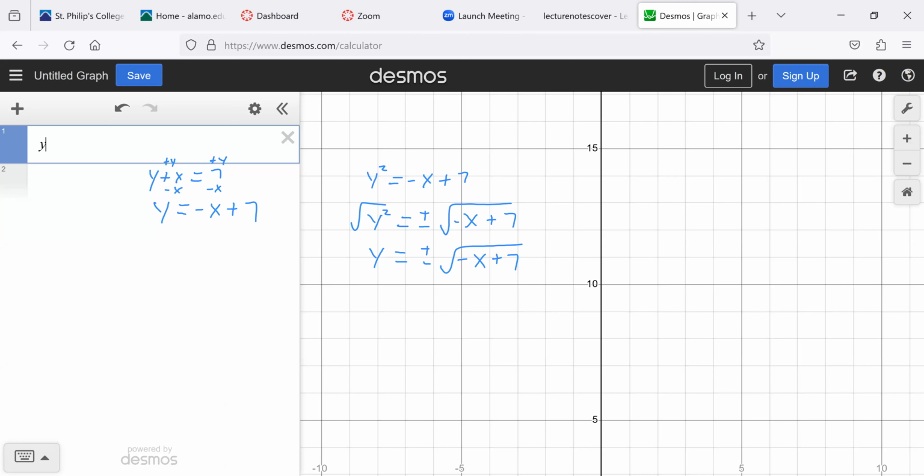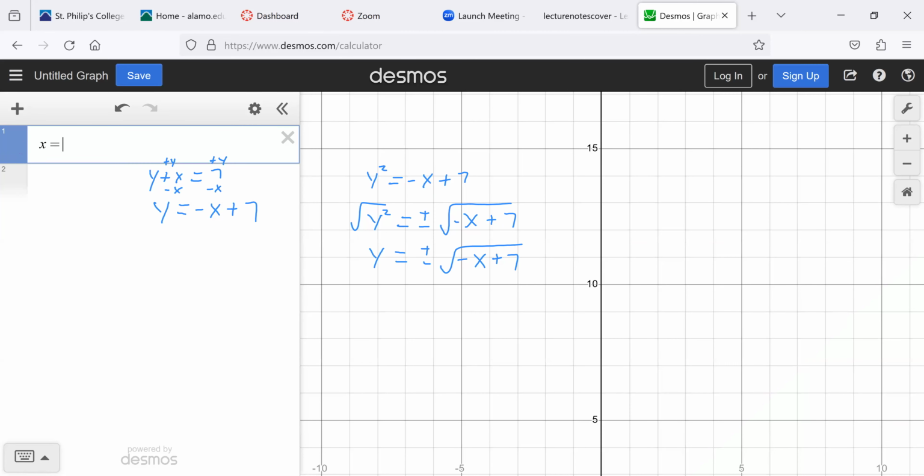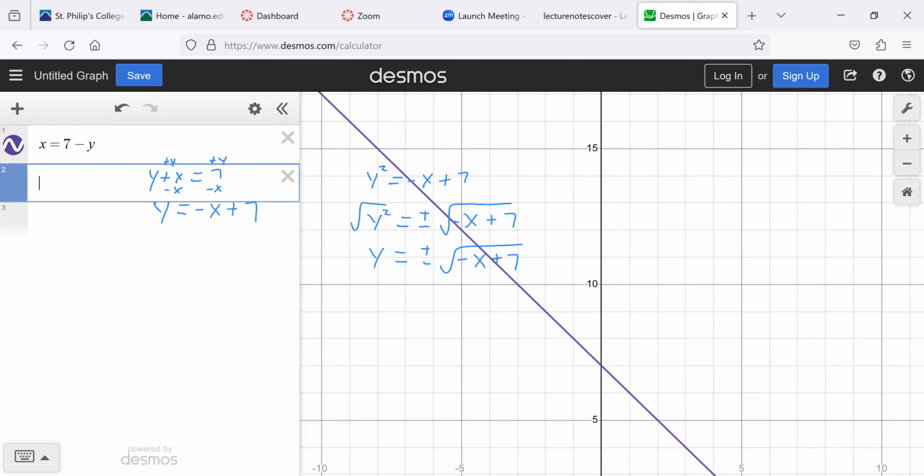Plug it in the way it was. Originally it was x equals 7, so minus 1. Yeah, so it still came up.